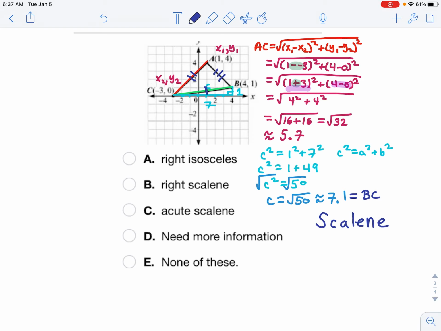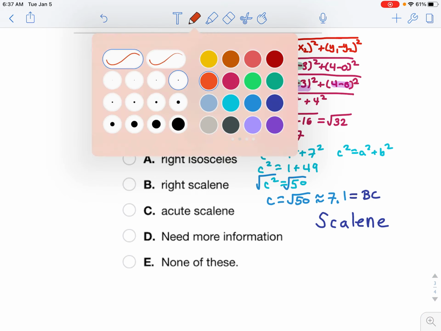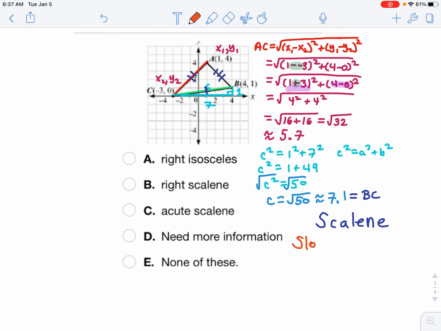So we used the distance formula and the Pythagorean theorem shortcut. That's how you find the side lengths. And then what we have to do now is slopes. This is phase 2, part 2. So we're looking for perpendicular lines.